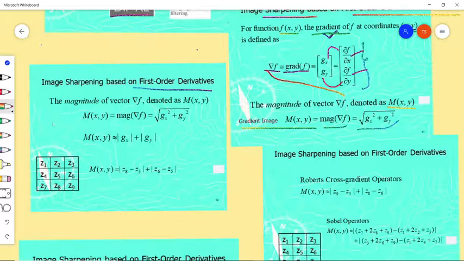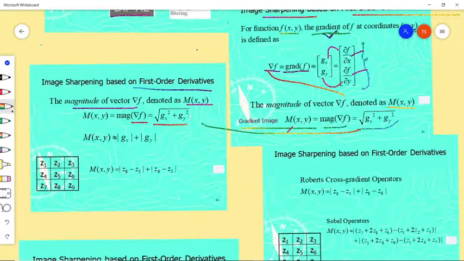How to derive the formula? The magnitude of the gradient vector of f, denoted as M of x, y, is defined with this expression.